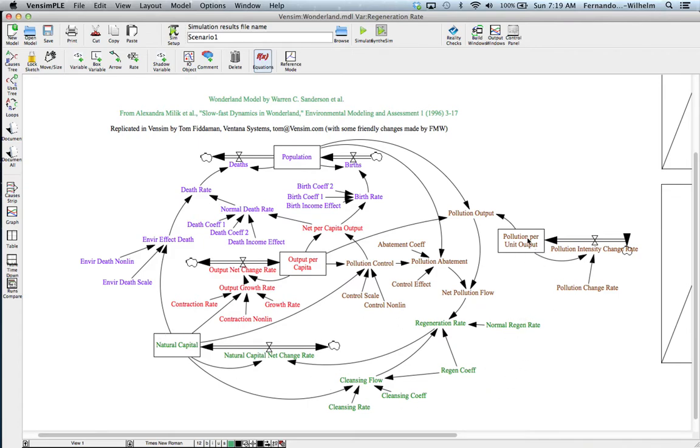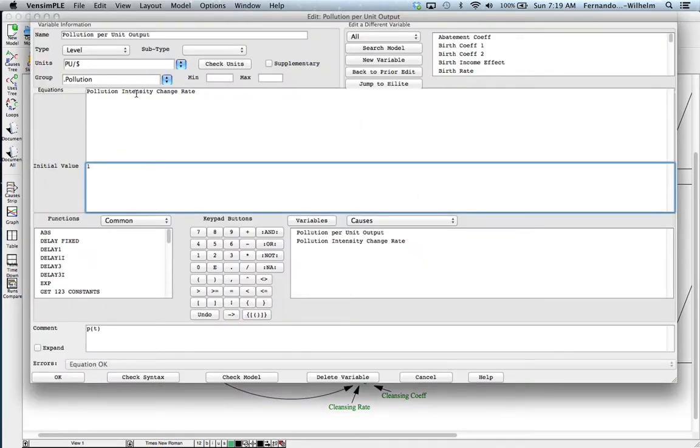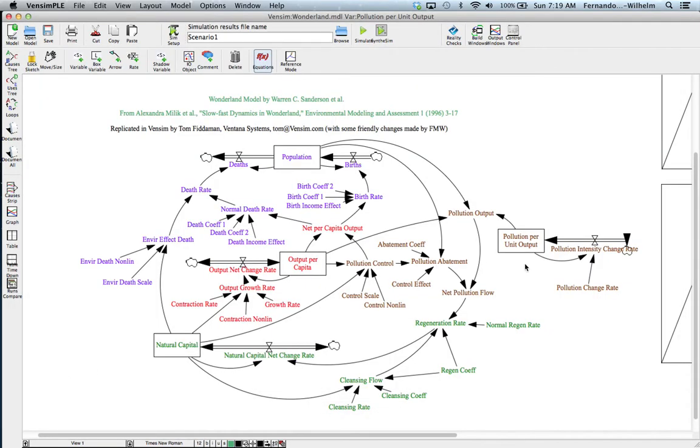And then lastly, we go into the pollution output, which has a series of variables that affect not only pollution but also the natural capital, and indirectly a little bit the per capita output. The pollution stock is driven by a pollution change rate, which we'll talk about in a second. It's got an initial value of 1, and this is P of T, with units of pollution units, PUs, per unit capital produced.